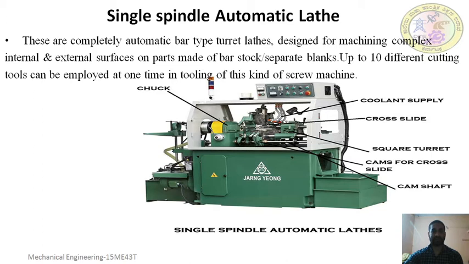Up to 10 different cutting tools can be employed at one time of tooling. So more than 10 tools can be handled at one time in this kind of machine. It has two horizontal cross slides, one at the front end and the other at the rear end, used to hold two to four tools, and it has angular vertical cross slides which carry more tools.